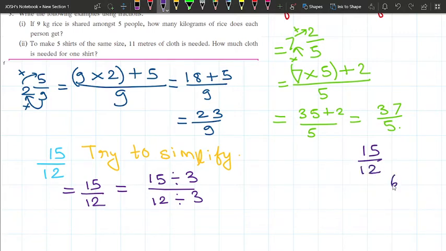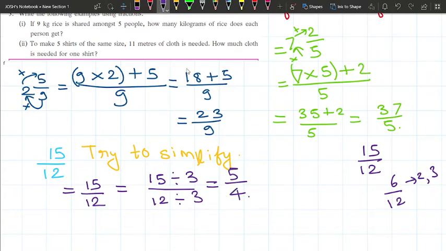For example, if it is 6 and 12, then you can pick 2, you can pick 3. 6 is divisible by 2, 12 is divisible by 2. 6 is divisible by 3 and 12 is divisible by 3. So you can simplify by both as per the requirement. So 15 divided by 3 is 5 and 12 divided by 3 is 4. So this is a simplified fraction.